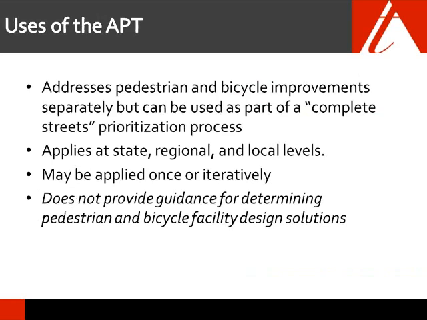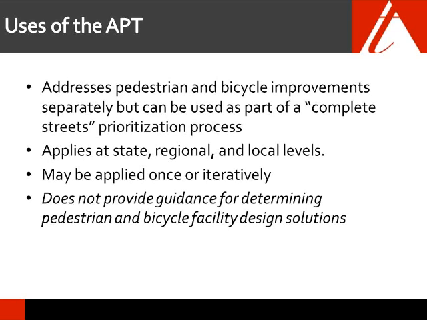So, uses of the APT: it's set up to address pedestrian and bicycle improvements separately, but it can be used as part of a complete streets prioritization process, and Bob is going to talk a bit more about this when I hand it over to him. The APT can be used by state, regional, and local agencies, and it may be applied once or applied iteratively to get more refined results.